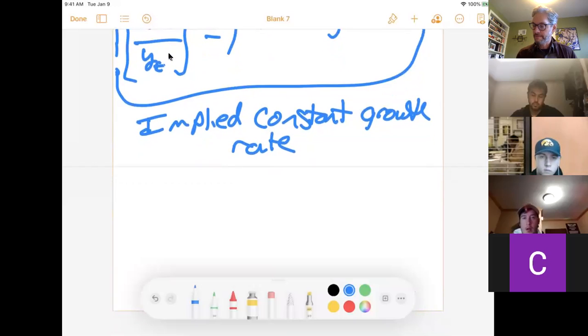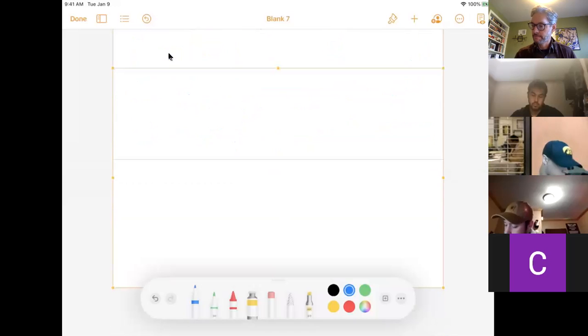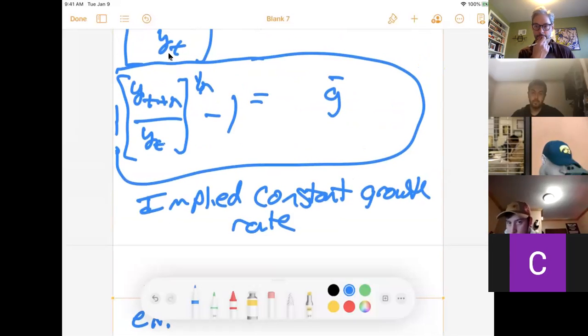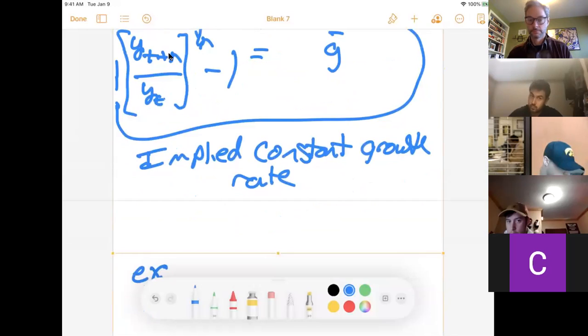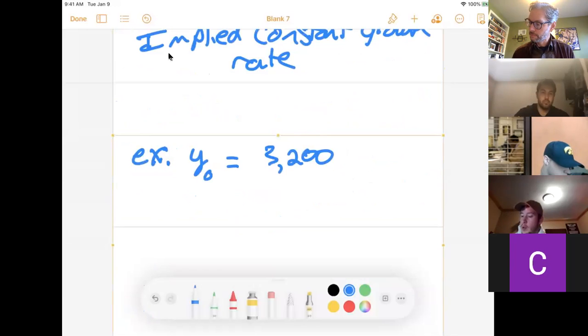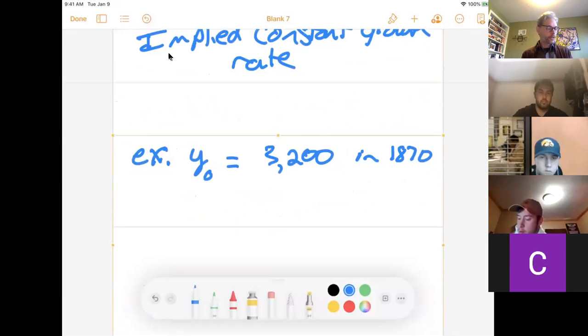So let's actually do that for the United States. Sorry, did everybody get that? So let's use this formula and actually do this for the United States. If we go back to time 0, which is 1870, we saw that US per capita GDP was about 3,200.